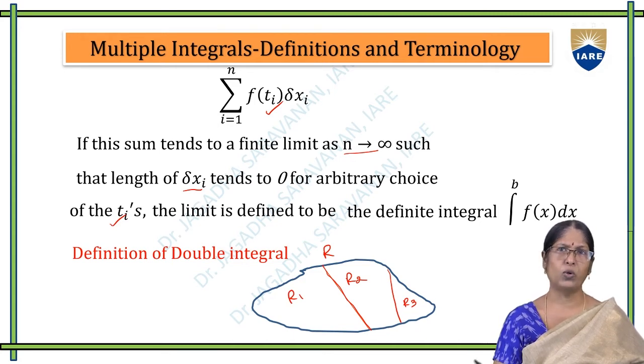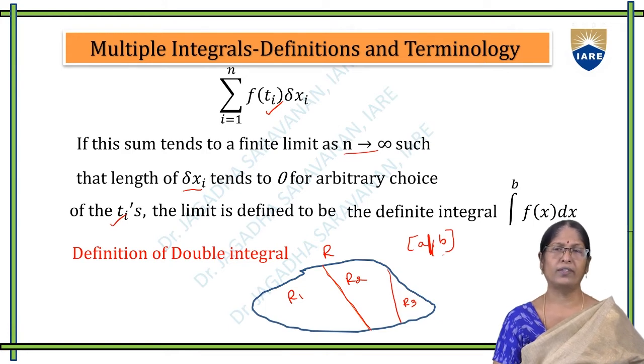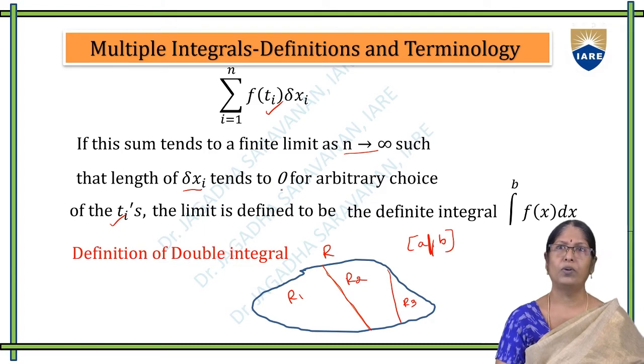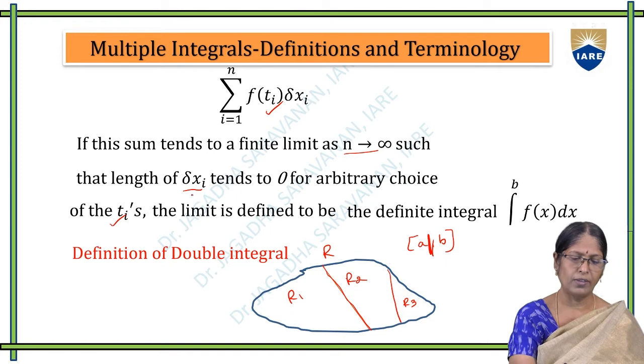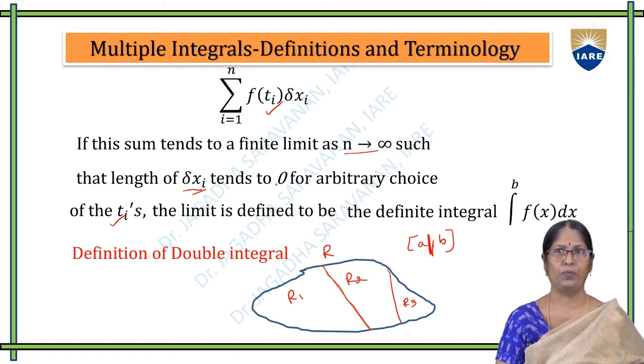Among the points also, ours are a, b, and in between points are there. That is our choice; any arbitrary point we can select. So we go on until the Rn region. If it tends to infinity at one particular time, then in this formula xi minus xi minus 1 tends to 0.